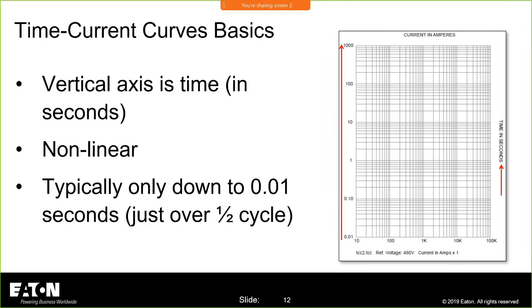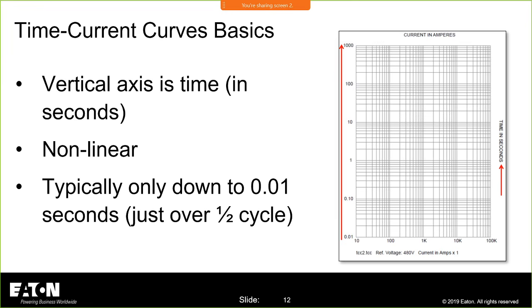Up the vertical axis is time. So these are time in seconds. You notice we go from 0.01 seconds to 1,000. You'll hear 0.01 seconds a lot when people talk about selective coordination. For me, it just grinds on me like nails on a chalkboard. I'm not a big fan of talking about selective coordination with regard to time, because as you'll see as we go through this, it's about a little bit more than that.